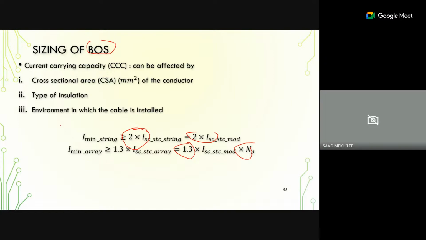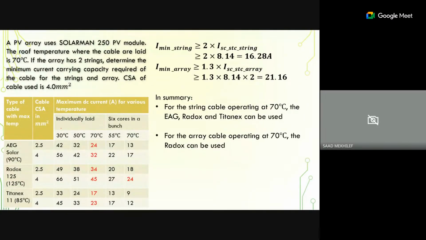This is for the protection. Like you can see here, if we have I as 8.15, it should be multiplied by 2, which is 16 amperes, and then the minimum, which is 1.3 times the short circuit current times the number of panels, which is 2, so 21. So this is the range. Okay.